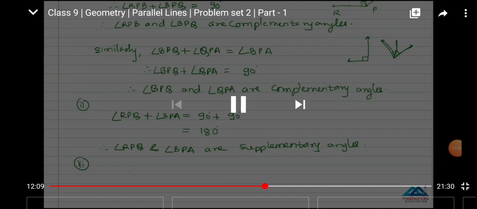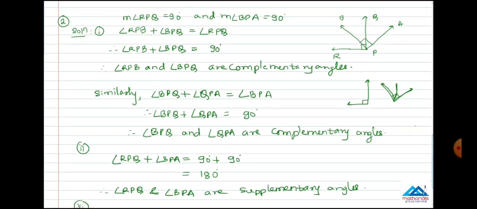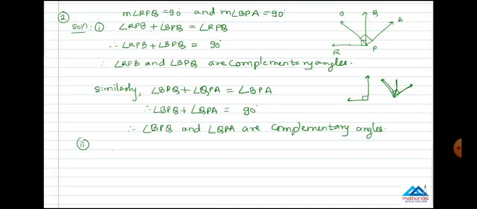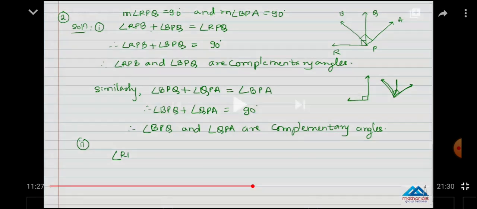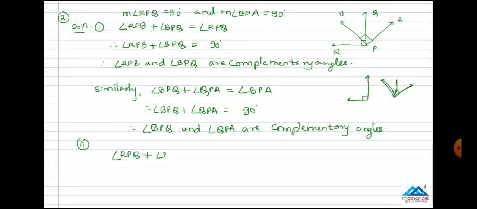So students, second question, a pair of supplementary angles. Supplementary angle means the sum of the two angles is 180 degrees.